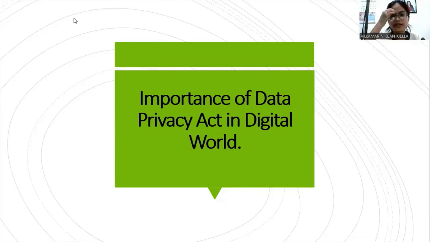So the importance of the Data Privacy Act in the digital world is that in social media, humans are not perfect. We commit mistakes. Even though we already know things, we still commit mistakes. And in the digital world, it only takes one click, and sometimes that one click cannot be undone.